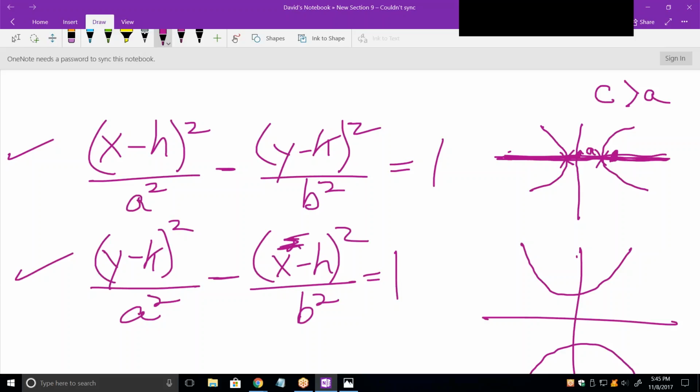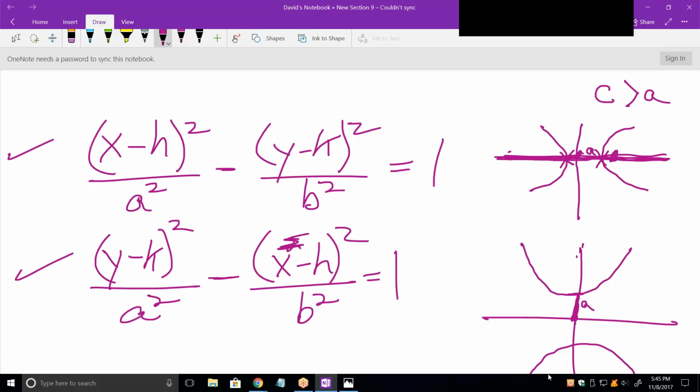So what is B? Well, let's look at the second one here, in other words, the one that goes with the second general format. A is measured vertically. That's why it goes with the y term. It's this distance. With me? In other words, A is always measured along the major transverse axis.